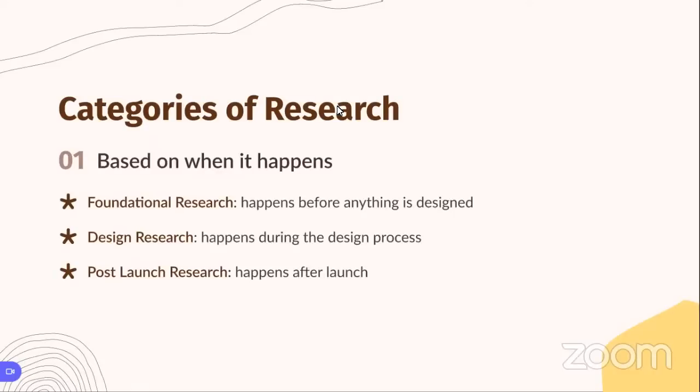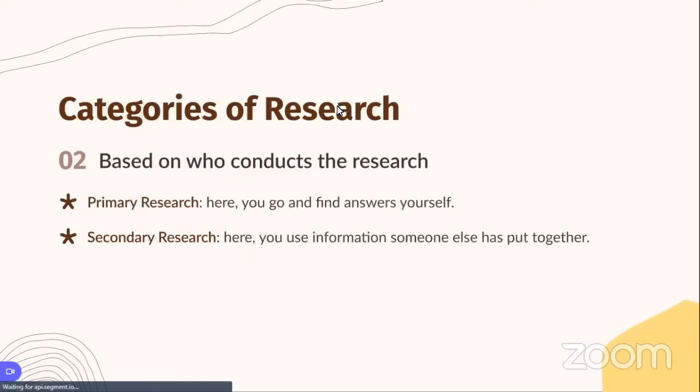And then there's the post-launch research, which happens when you've gone through the entire design process, you've done your hi-fi, it has gone into development, and then you've launched. So usually this is in form of user testing and getting feedback post-launch. And then there's also a category that is based on who conducts the research.